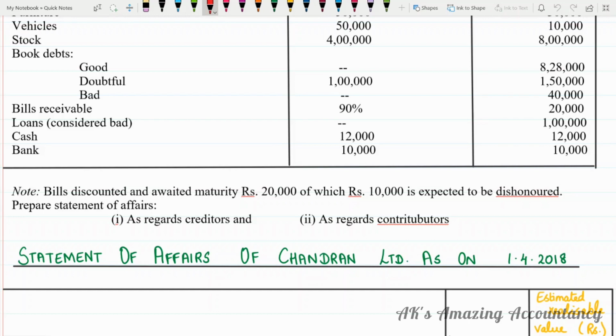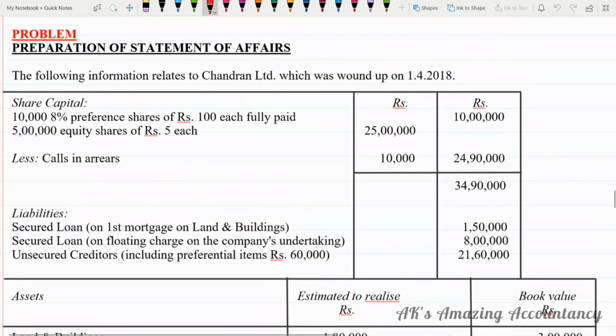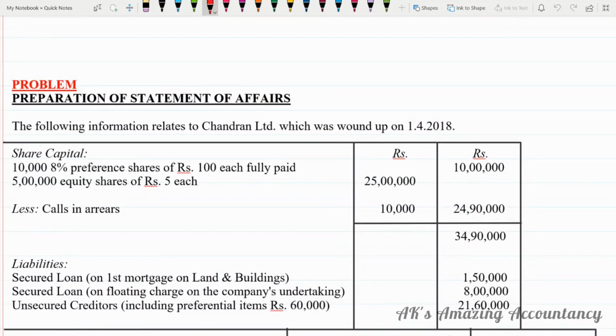So you have to give the heading as statement of affairs of such and such company as on such and such date. As per this problem, you are given the following information relating to the name of the company: the name of the company is Chandran Limited, and the date on which the winding up was done is 1/4/2018.